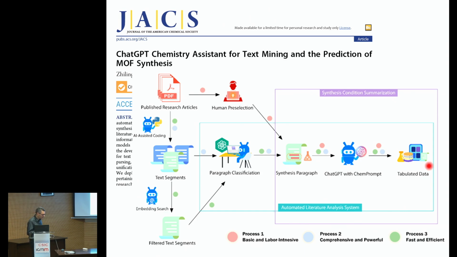So Omar Yaghi, the next Nobel Prize winner, a hardcore experimentalist, is using ChatGPT in his lab.